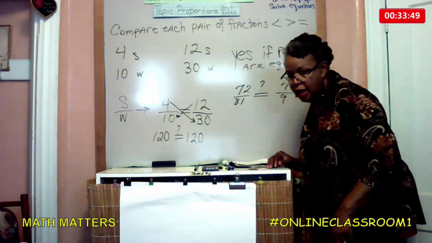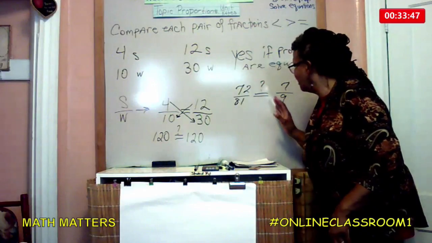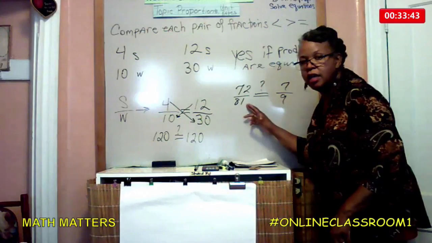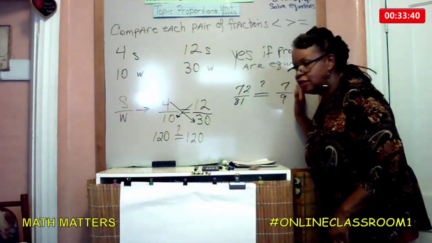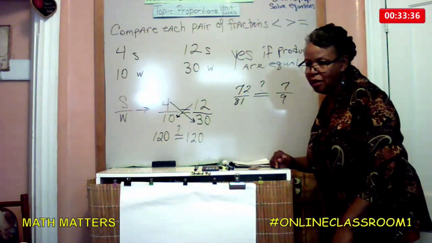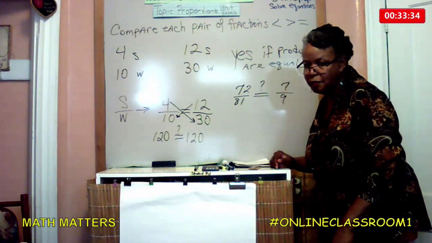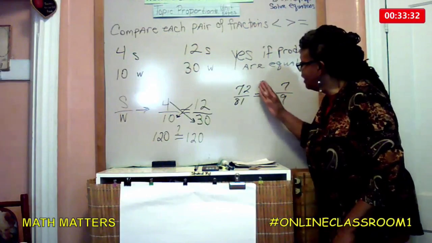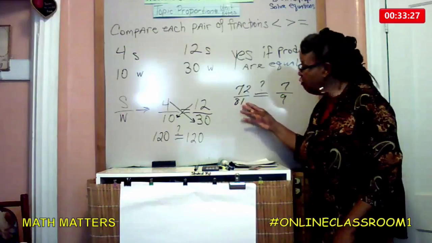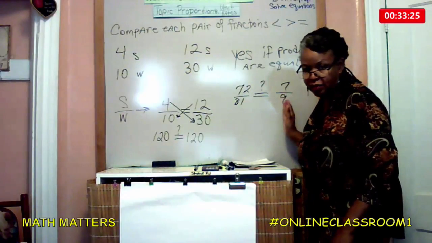I'm going to just lean over so I can block out some of that glare. 72 over 81, does it form a proportion with 7/9? I see a way of working this one out. What I could do, I can actually simplify this particular fraction and then compare it to my 7/9.